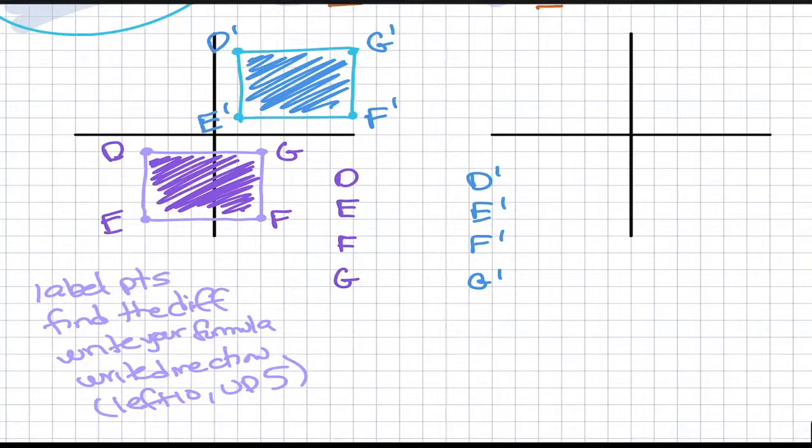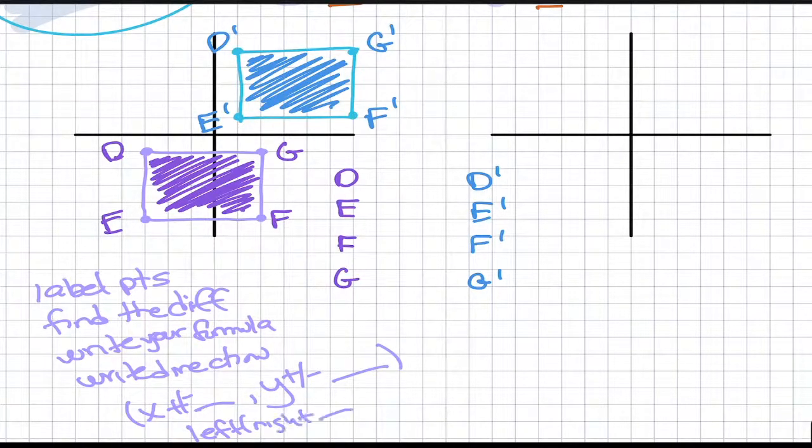Alrighty. Go ahead and give this a try. Just in case you're still here and haven't paused me yet, your final answer should look like x plus or minus something, y plus or minus something. I don't know what it's going to be yet. And then you should say left or right something, up or down something.